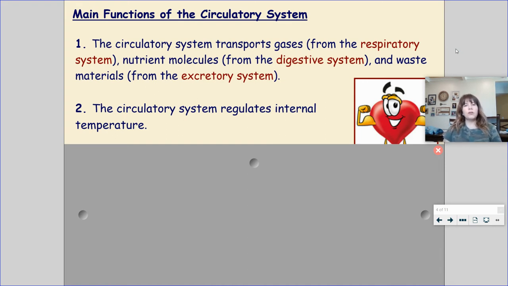So the circulatory system's job is essentially to transport gases and nutrients around our body. So if we think back to chapter 7, respiration, and chapter 6, digestion, we learned how oxygen enters into our lungs and how it is diffused from the alveoli over into a capillary.